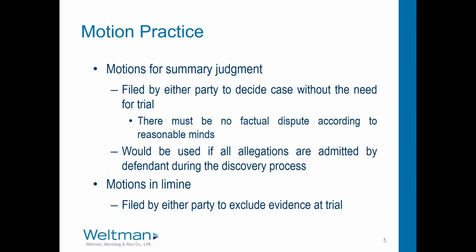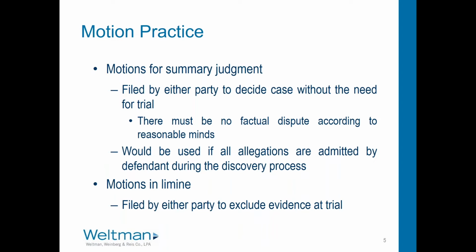Kentucky has a much higher standard for summary judgment. It's called the impossibility standard, which says the movant must show that it would be impossible for the defendant, for example, to prevail in their defense, or for the plaintiff to prevail at trial. It's a very high standard, and especially in a subrogation case, motions for summary judgment are pretty rare.